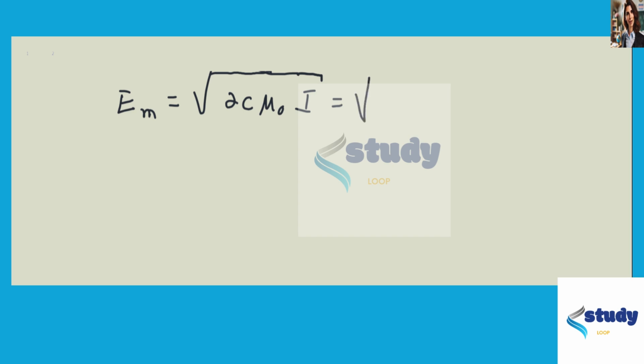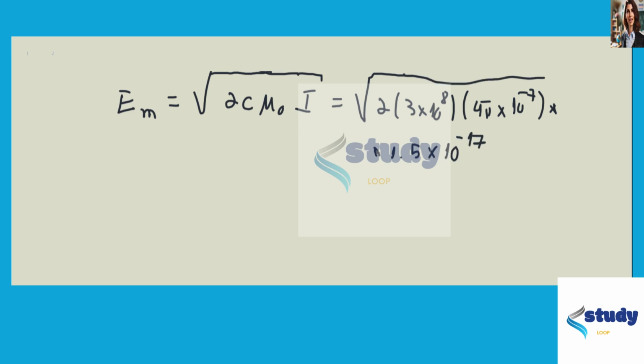So this is the square root of 2 times 3 times 10 to the 8, times 4 pi times 10 to the minus 7, times 1.5 times 10 to the minus 17. The square root covers all of this. And this gives us 1.1 times 10 to the minus 7 volts per meter.